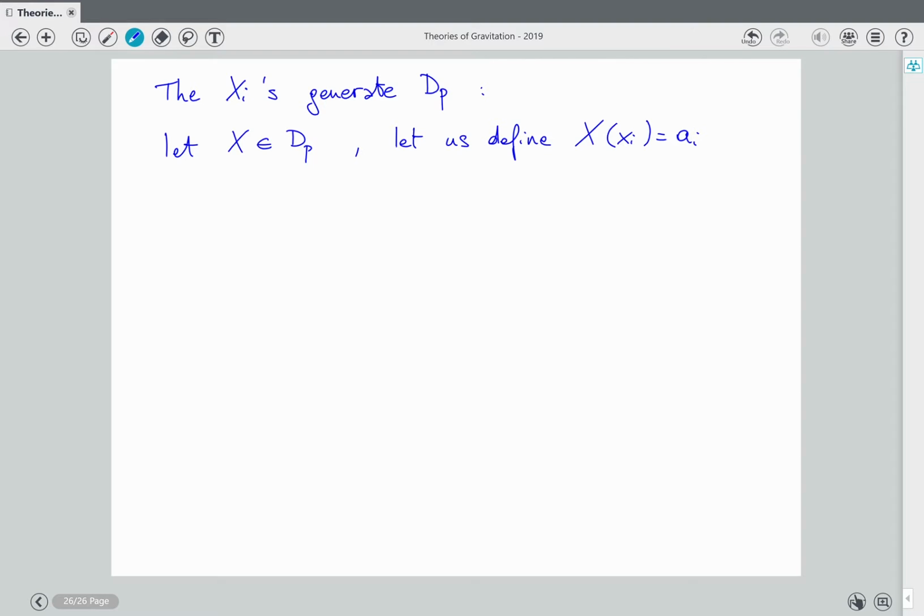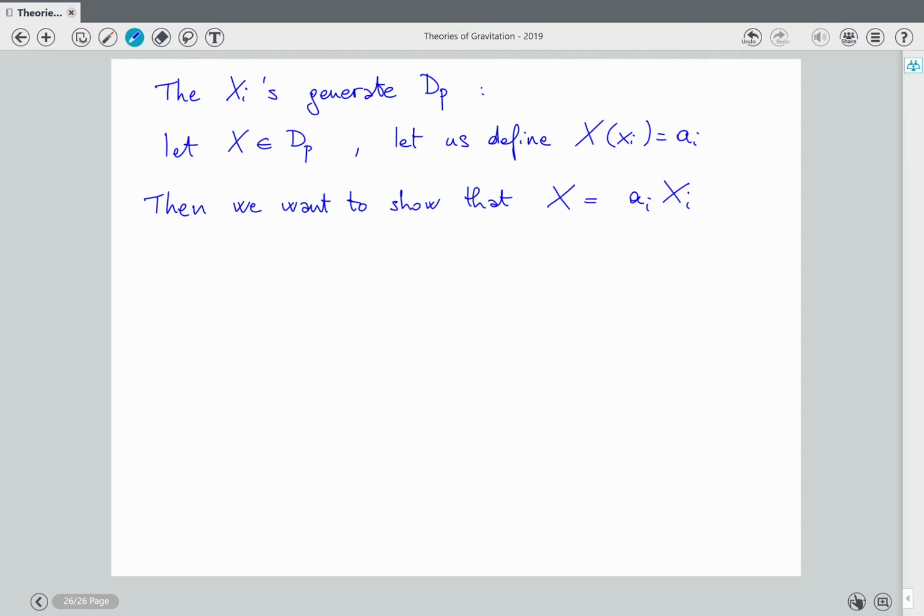So we take that derivation and we apply it to the functions xi, which are simple C-infinity functions. They give real numbers. We call them ai. Then we want to show that X is this linear combination of the Xi's, which proves that the Xi's generate the entire space of derivations.